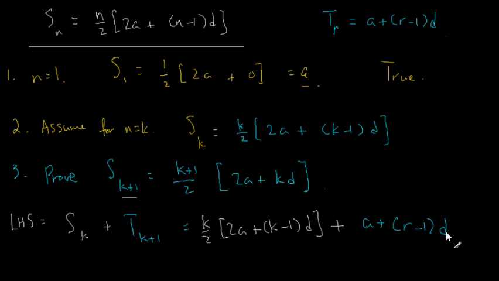Okay, so this is what we have. Now, I remember what we are trying to do. We are trying to prove this, and I started from the left hand side. So somehow I must rearrange this until hopefully I can show that it is equal to the right hand side.